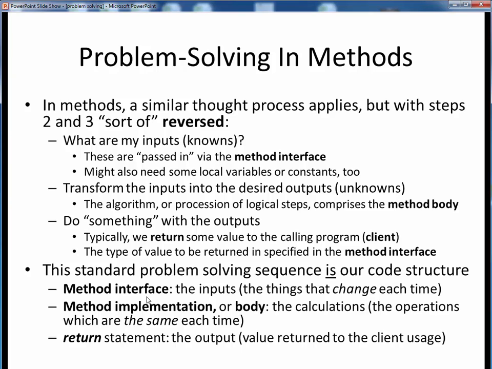Our method interface specifies our known inputs, or the things that can change between any method calls. Our method implementation, or method body, represents our calculations, the operations which are the same each time and are applied to the specified inputs which can vary. Finally, a return statement at the end of our method is how output values are returned to any calling client.